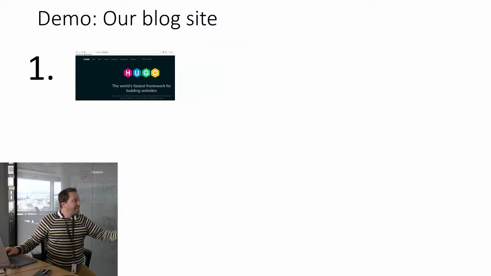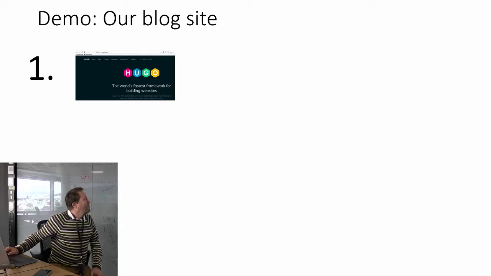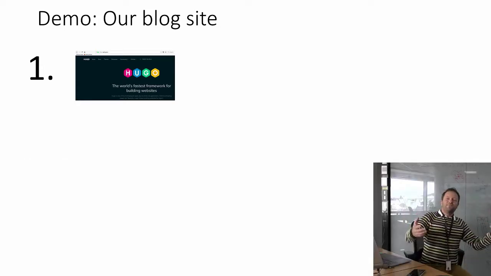Are you ready? How many of you have seen Hugo? Only one. It's a great product. I see there is one Norwegian very active in the community. The world's, no, it's not me. The world's fastest framework for building websites. Because we're going to build a website, we need a framework.